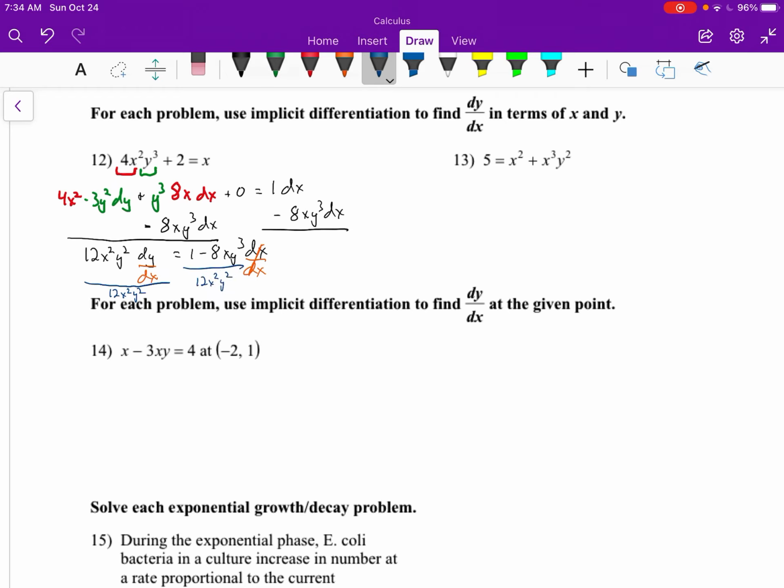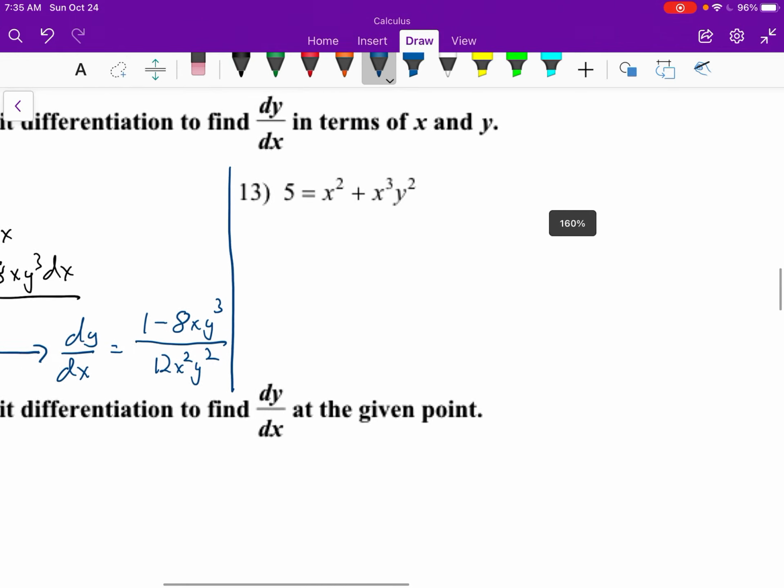We're running out of room here, so our answer is dy dx equals 1 minus 8xy cubed over 12x squared y squared. Number 13 is going to be similar to that. We have a product rule in there, so let's just work our way through this.